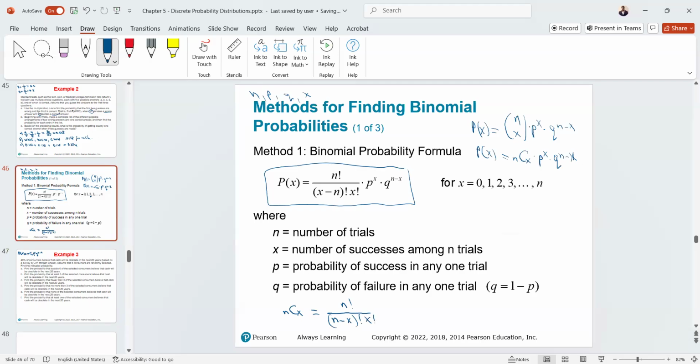So I believe in this formula, we have n minus x factorial, so something is wrong with this one. Apologize for this, it shouldn't be that way. It should be probability of success equals n factorial over n minus x factorial times x factorial, times p power x times q power n minus x. As soon as you start doing some examples, you will see how different it is.